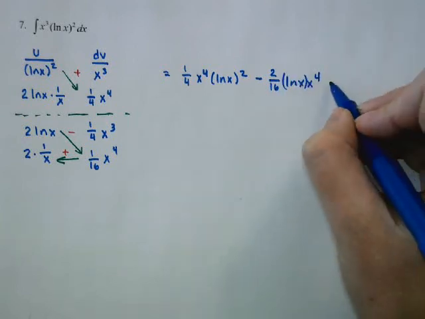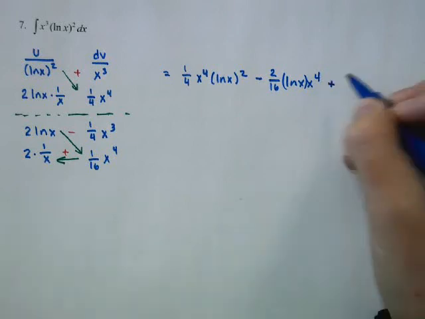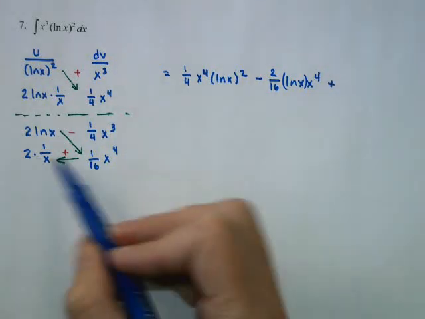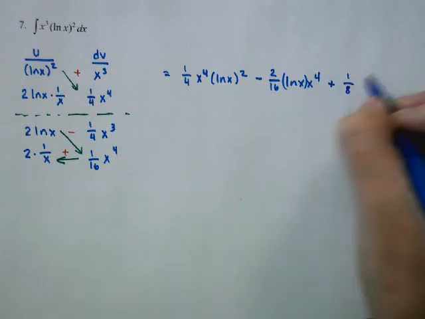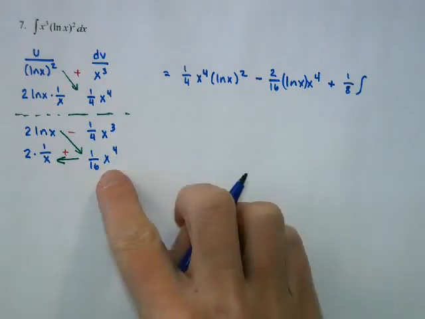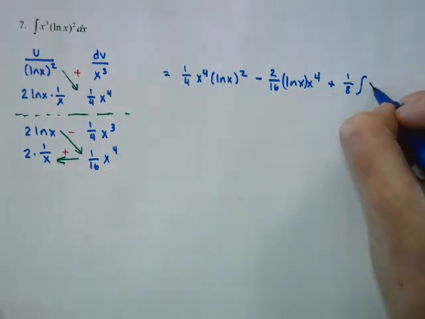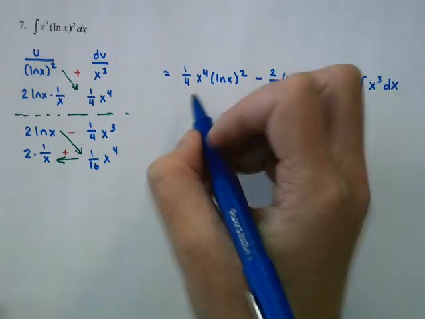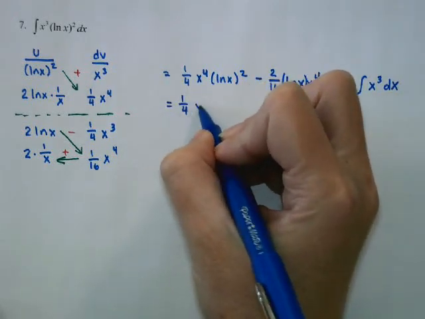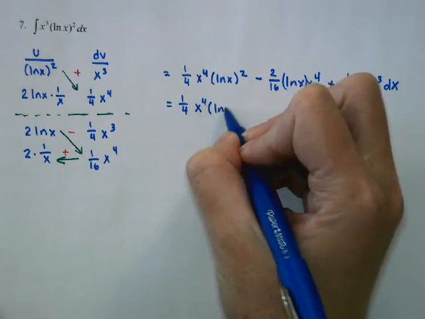plus across the bottom, we've got 2 times 1/16. So I'm going to say 1/8 times the integral of 1 over x times x to the fourth. So that's going to be the integral of x cubed. Make that a 1/8.